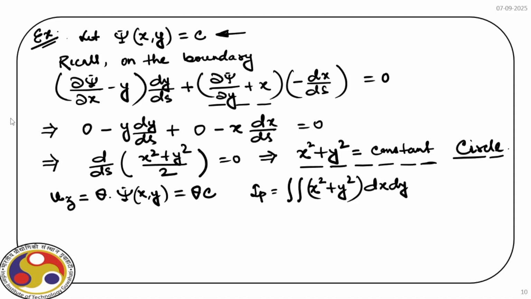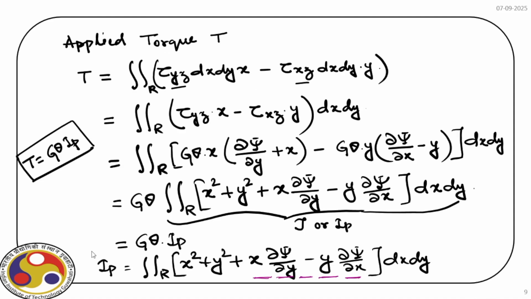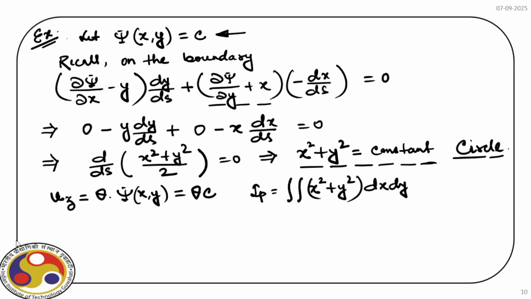Because psi of xy is constant, if we go back to the general expression, obviously this term here and this term here will vanish, and effectively we will be left with x square plus y square times dx dy. So what we get, T is equal to G theta IP.